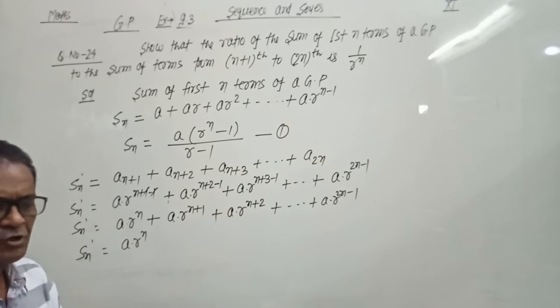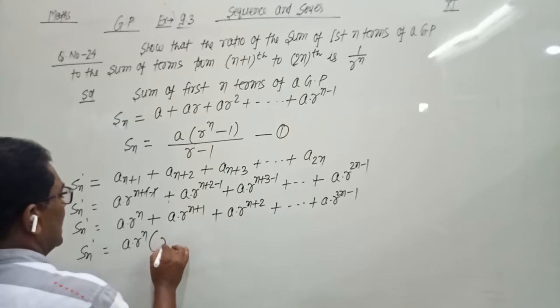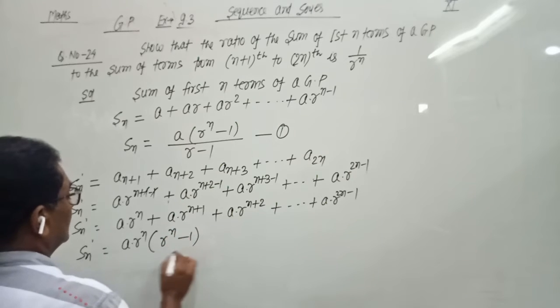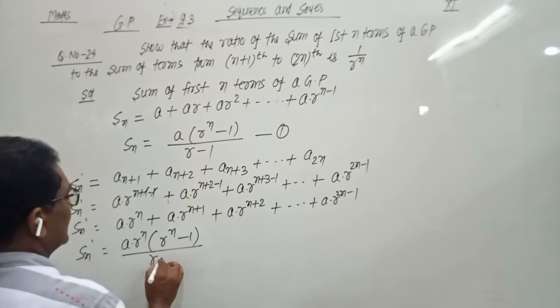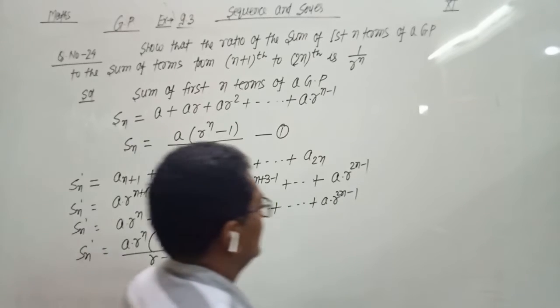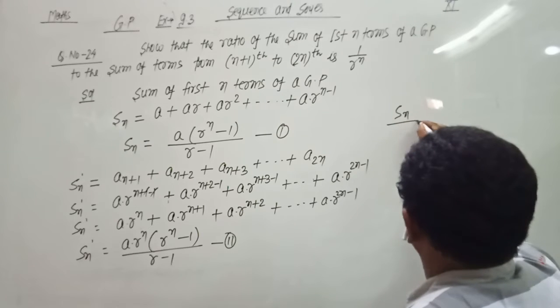The common ratio comes to be r. So Sn dash is a into r raised to the power n into r raised to the power n minus 1 upon r minus 1. This is Sn dash.